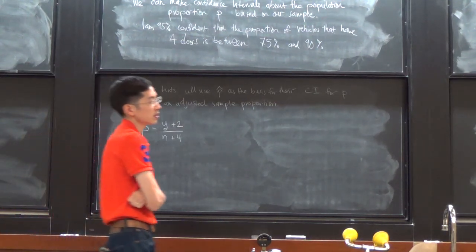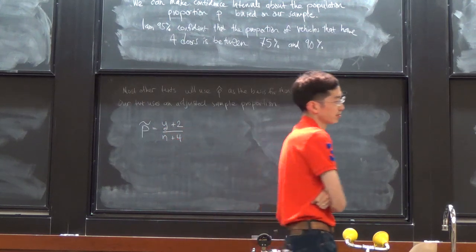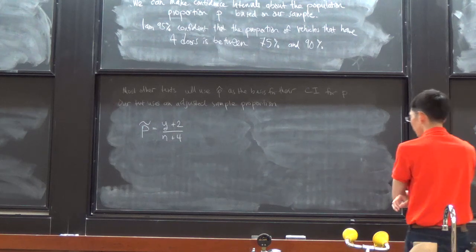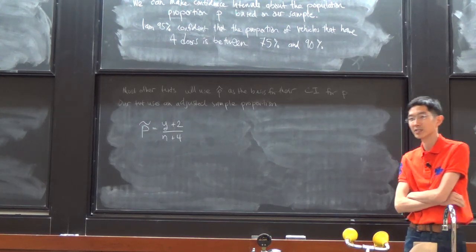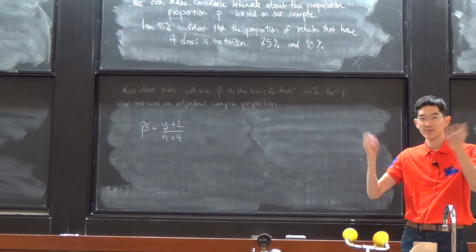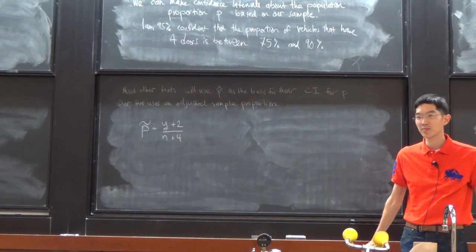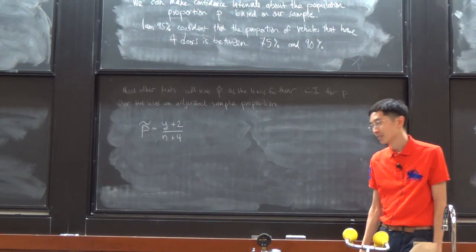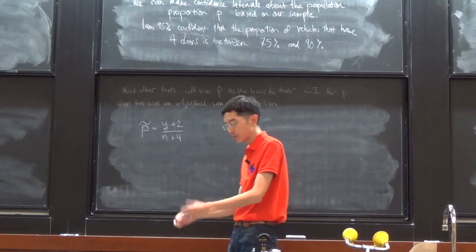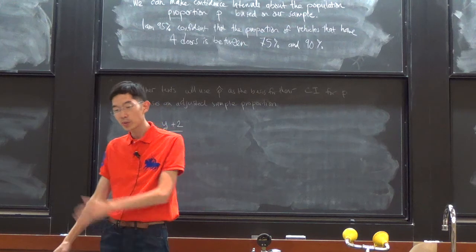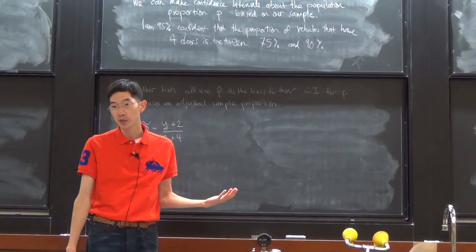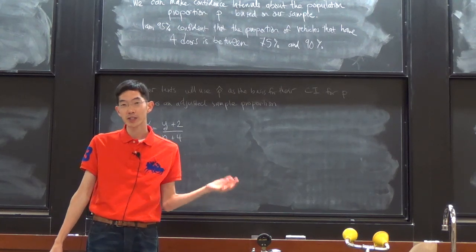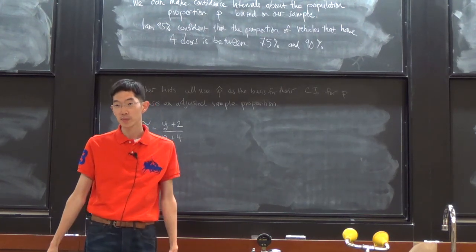So, for example, let's say you wanted to know what percentage of people have some rare disease. Maybe you go out and survey 200 people, and you find 0 cases of this rare disease.